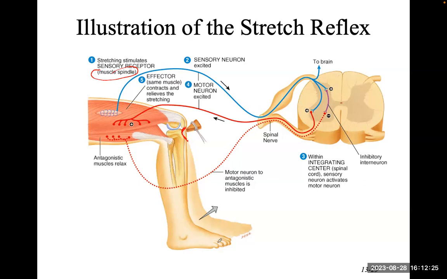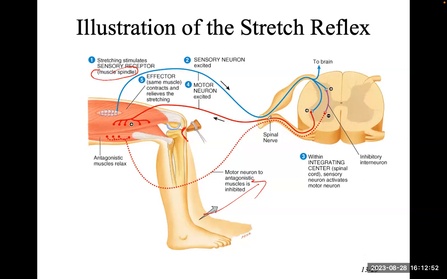Now, we know what happens when you hit that patellar tendon, the leg extends, right? You see the arrow over here, and the arrow is going to lift or extend the leg up. The only way that can happen is if there's excitation to the quads, because the quads are responsible for extending the leg, but there has to be inhibition to shut down the hamstrings. If both the quadriceps and the hamstrings were stimulated at the exact same time, you wouldn't get any movement.